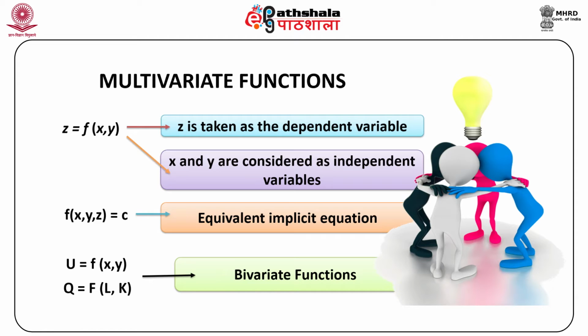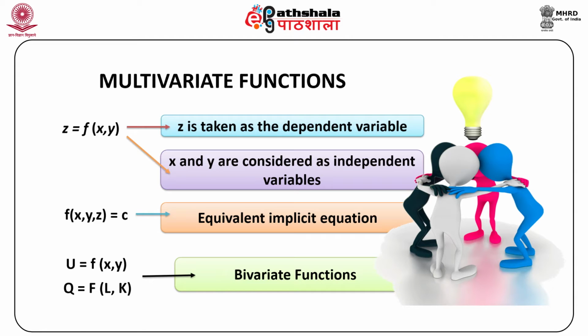This can be denoted by an equivalent implicit equation f(x, y, z) is equal to c. It must be noted that any equation of this form may not necessarily represent a function. In microeconomics, production and utility functions are typically bivariate functions.